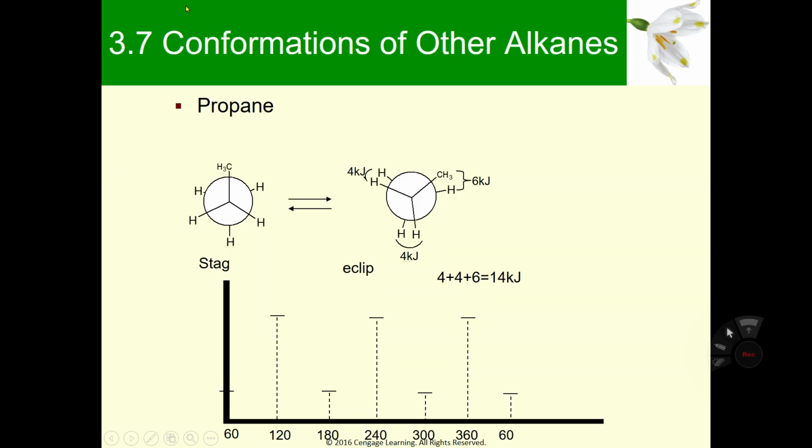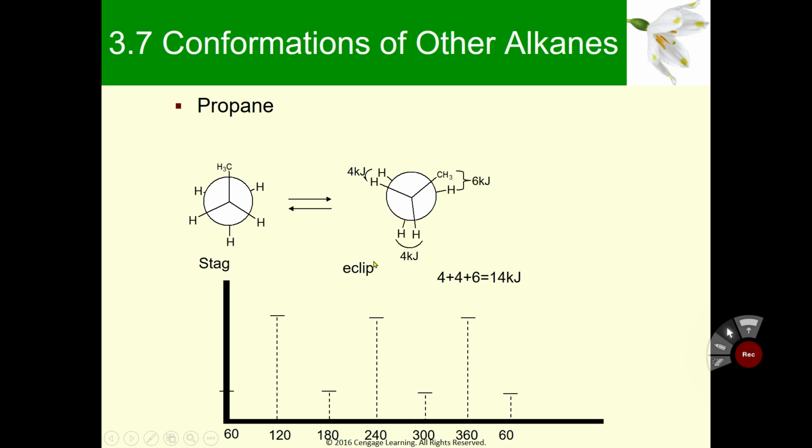If you have propane, let's look at the Newman projection between carbon number 2 and carbon number 3. Okay, this is the front carbon, this is carbon number 2, and this large carbon is carbon number 3. This is the staggered form. Let's rotate 60 degrees. And this will be the eclipsed form. And then we know this will cause 4 kilojoules of energy.